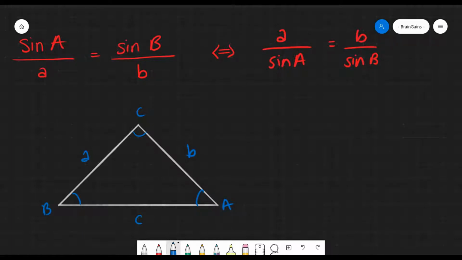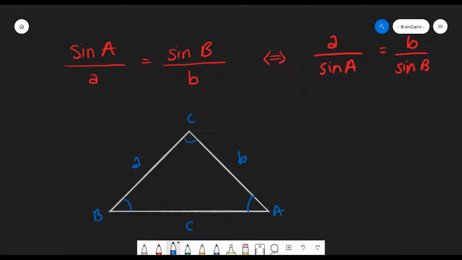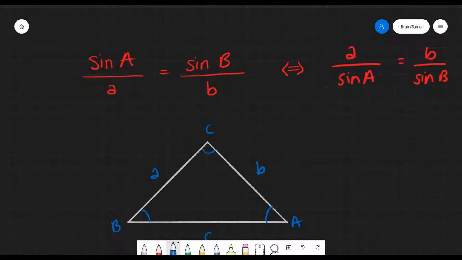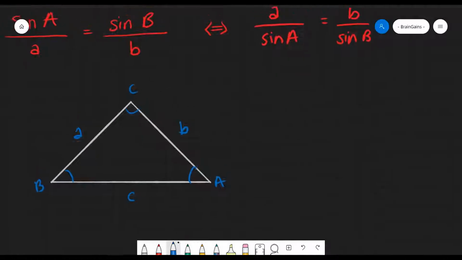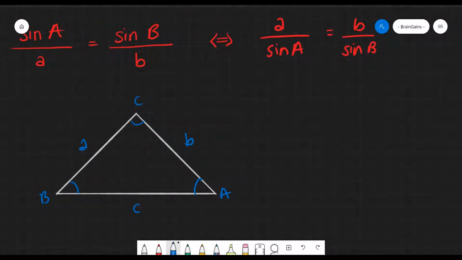So to be able to use the sine rule, we need to actually be missing one of these. If we take a look at this equation, we could be either missing one of the sides or one of the angles, which means we need a minimum of one side and its corresponding angle.